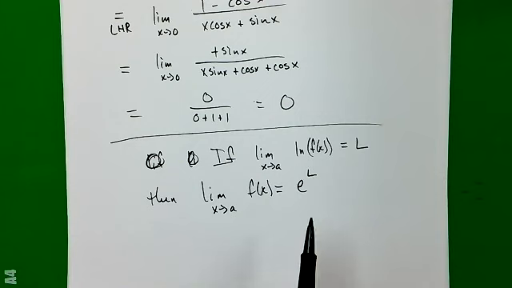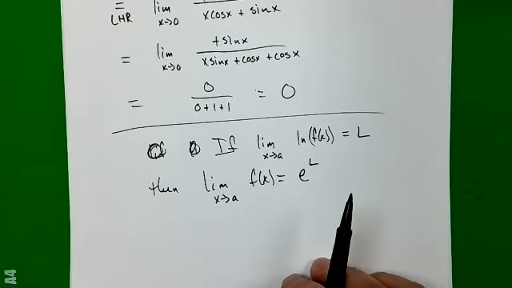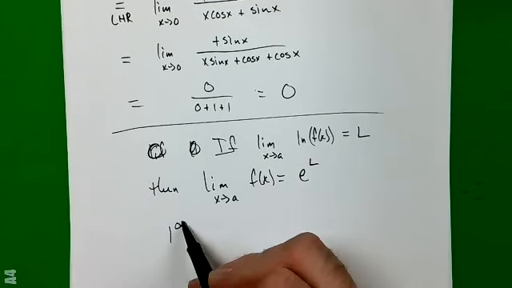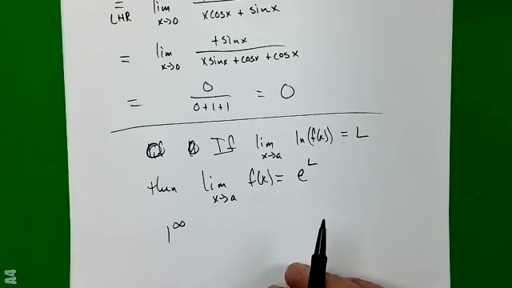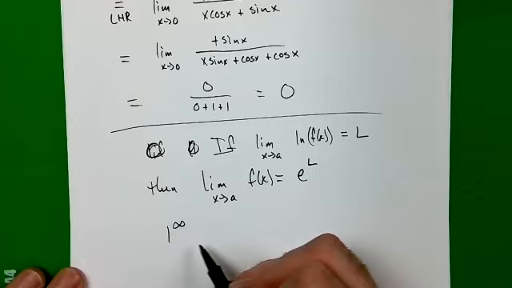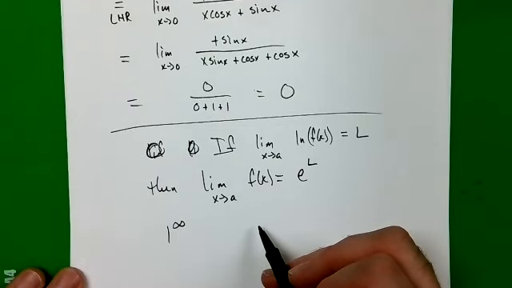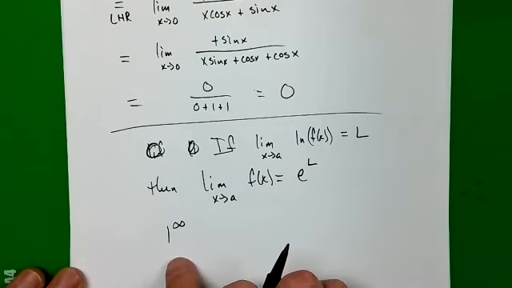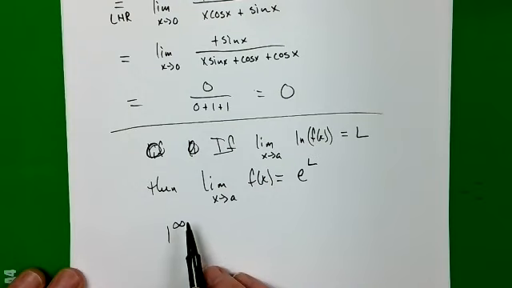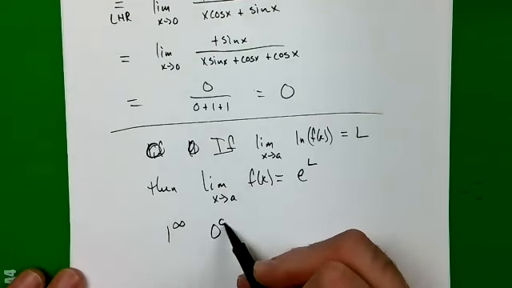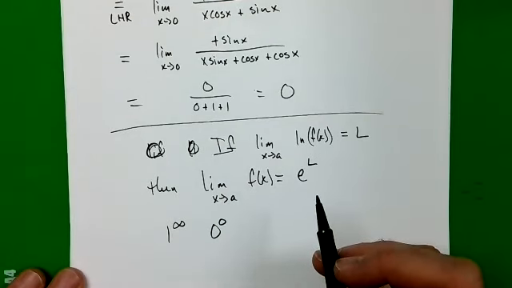But this allows us to handle another kind of indeterminate form, like what is 1 to the infinity? We know that if it's literally the number 1 to infinity, that's equal to 1, so the limit of 1 to the n as n goes to infinity would be 1. But what if it's something very close to 1, approaching 1, and the exponent is approaching infinity? Then it gets weird. 0 to the 0 is weird.